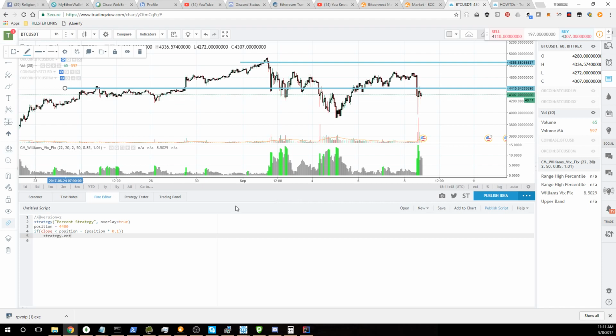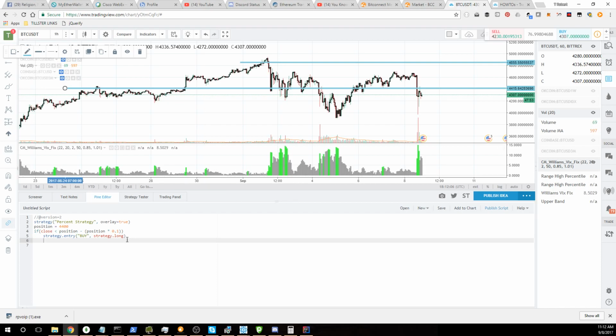Okay, so when we reach 3,960, what we want to do is say strategy entry, and we want to buy. This is telling us that we want to go on a long position.